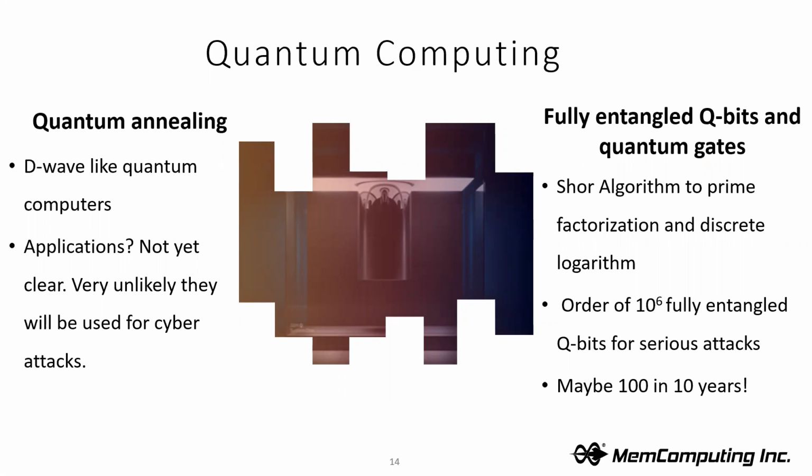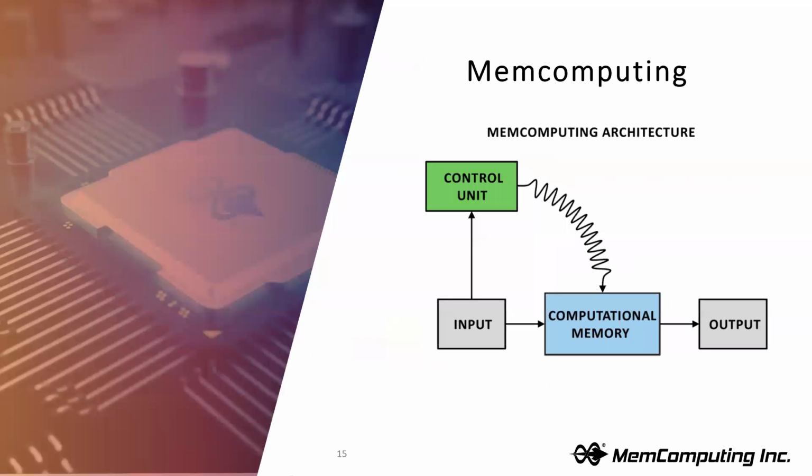It's very hard to increase the number of fully entangled qubits in a system, so they rather add a few qubits each year rather than multiplying the entire system. So let's say that using a quantum computer for attacks is still far away for now.